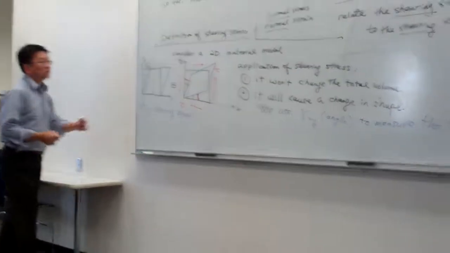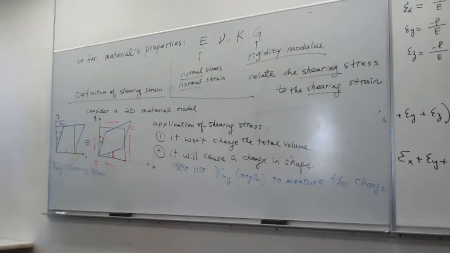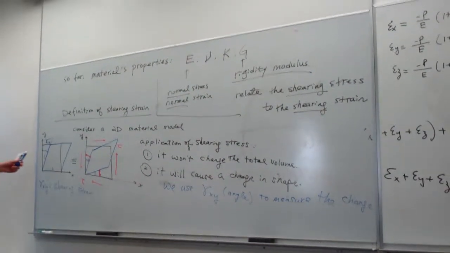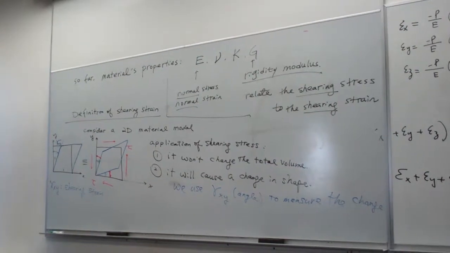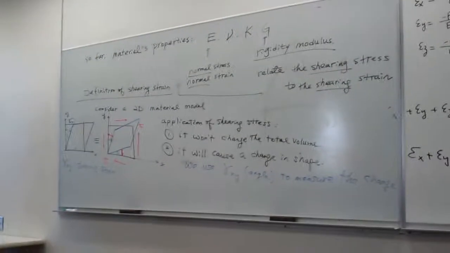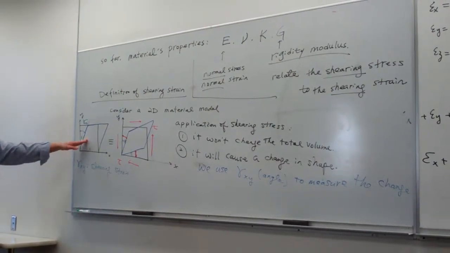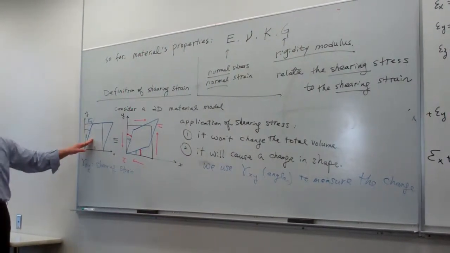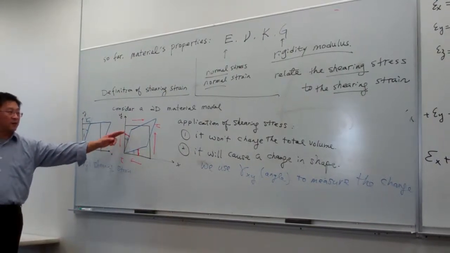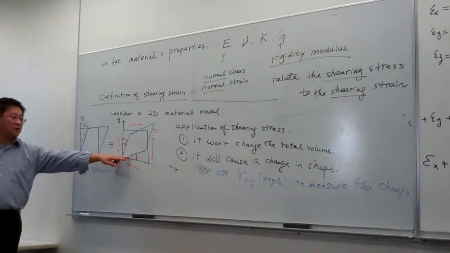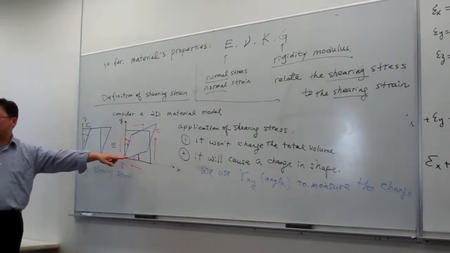So now how to define the shear strain? Simply, that is the change of one side from its original side, and that is defined by angle. So it depends on which standard you want to adopt. If you like to adopt this one, then the change on each side is half of the shear strain.